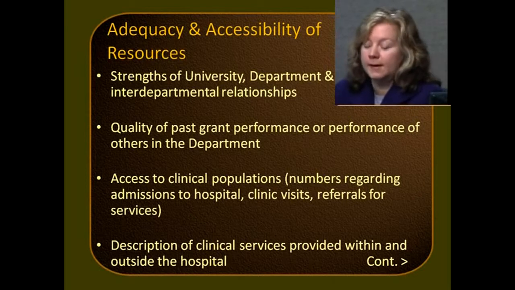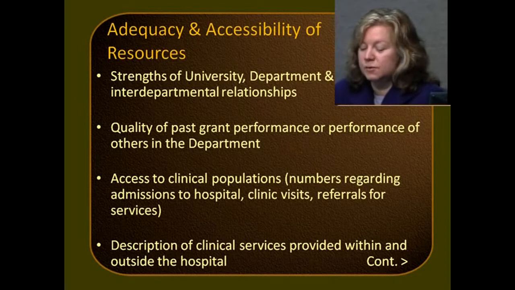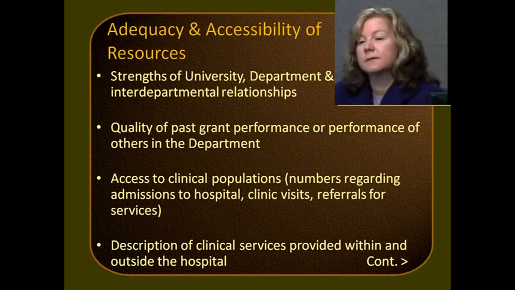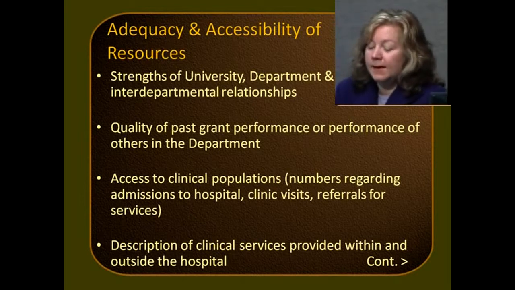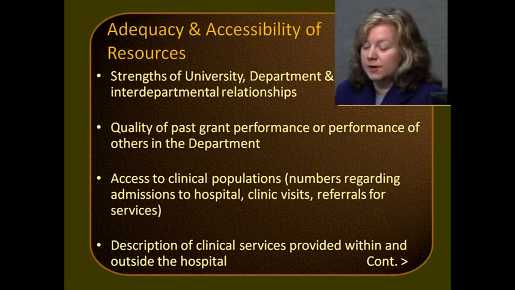Do you provide care for the indigent? What does that care look like? Do uninsured individuals get treatment from your institution? How do you serve people who can't pay for the services? That could be a general introduction to your adequacy of resources.